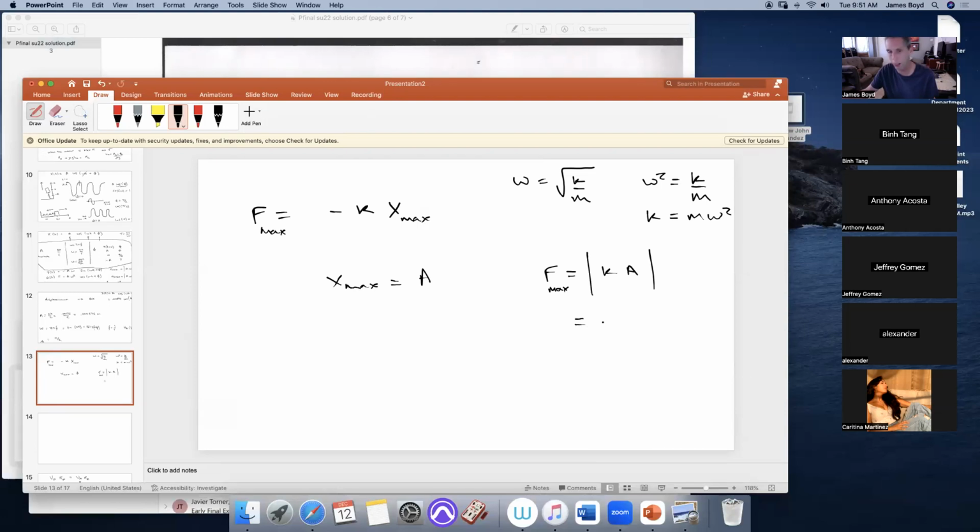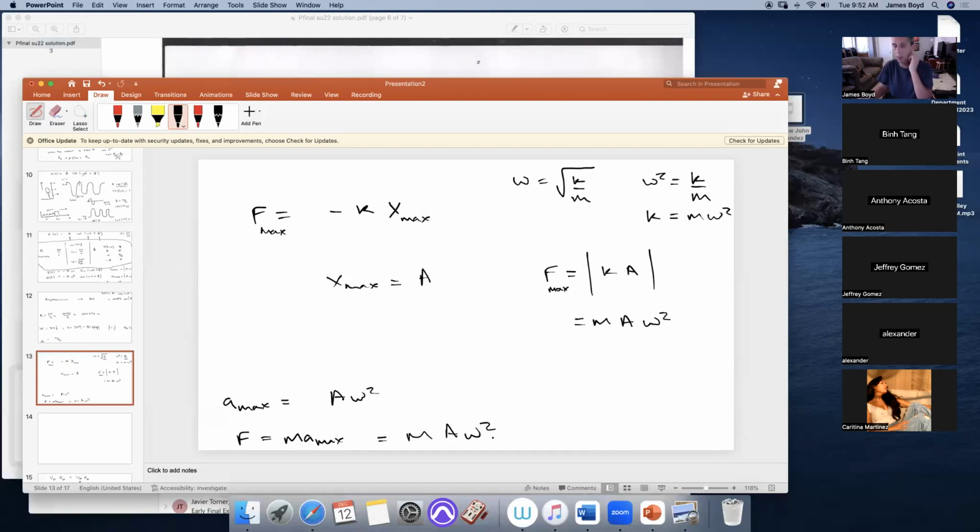So another way I could write the maximum force would be M omega squared A. I know that the maximum acceleration is A omega squared, and the force is M a max. So this would be M times the amplitude times omega squared.